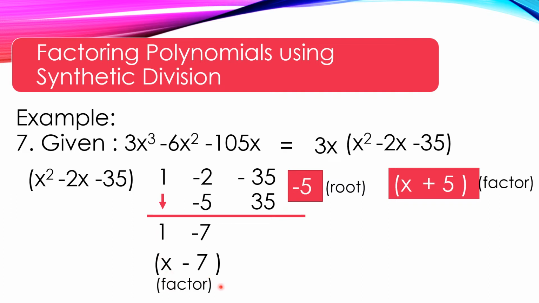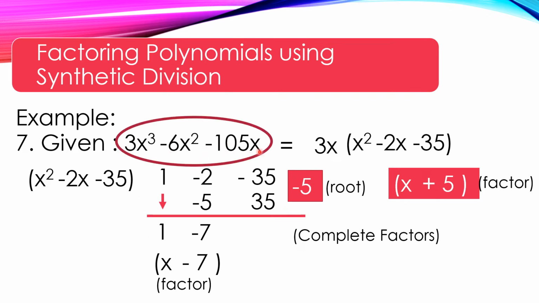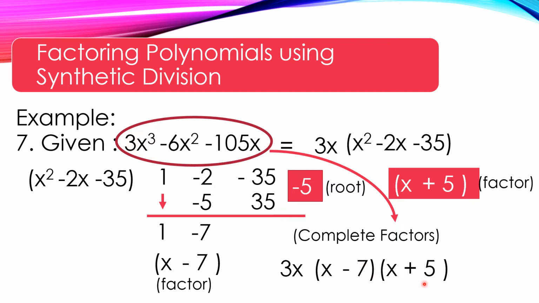So, x minus 7 is another factor. Hence, the complete factor of the given polynomial 3x cubed minus 6x squared minus 105x is equivalent to the quantity of x minus 7 times the quantity of x plus 5 times 3x.